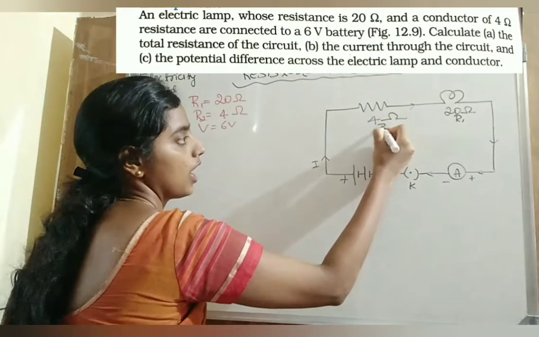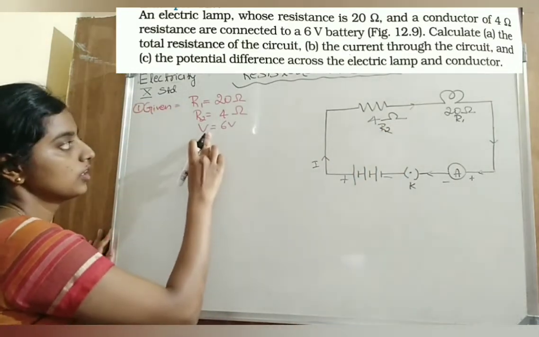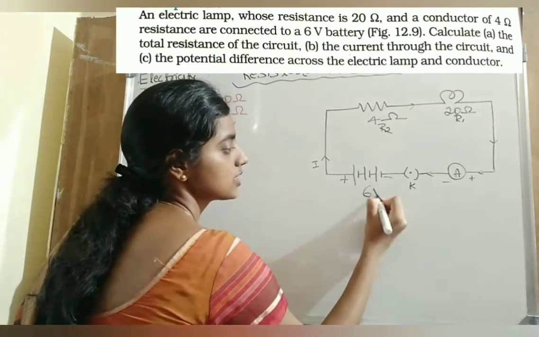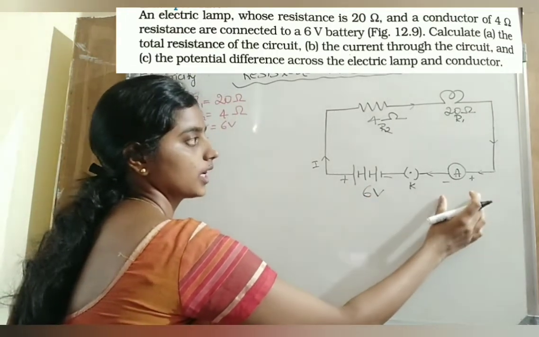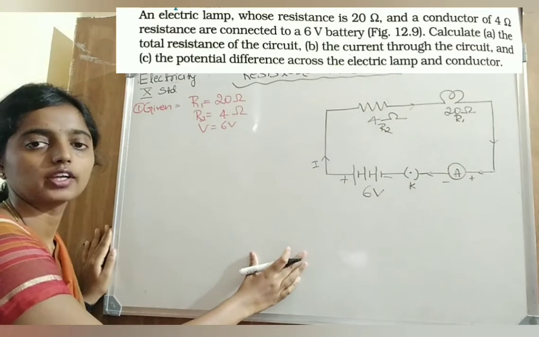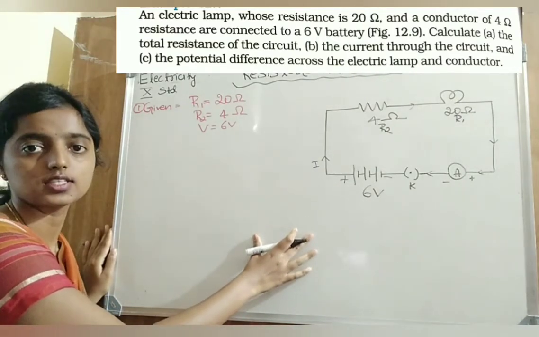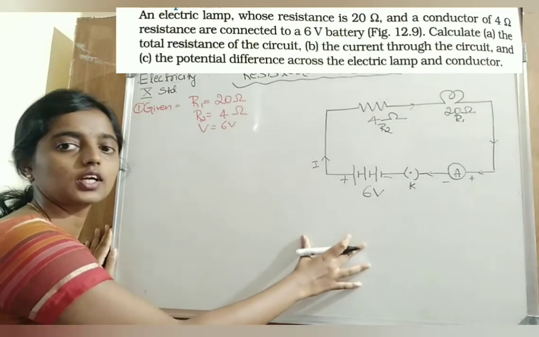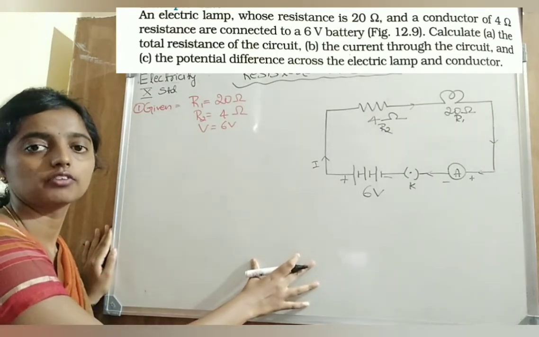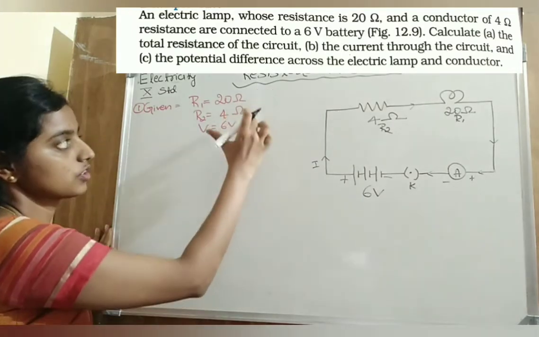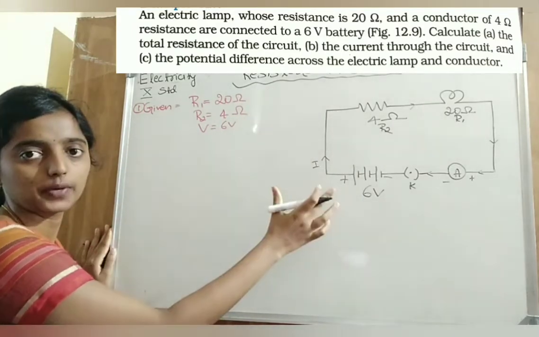The given voltage of the battery is 6 volt, that is here 6 volt, we have plug key and ammeter. Now we need to find out three things in this question. The first one is total resistance, the second one is total current, and the third one is potential difference of R1, that is potential difference of lamp and potential difference of conductor separately.